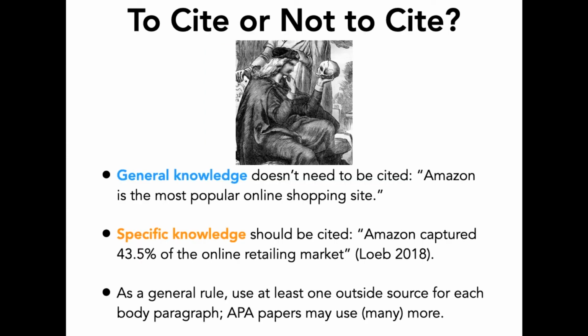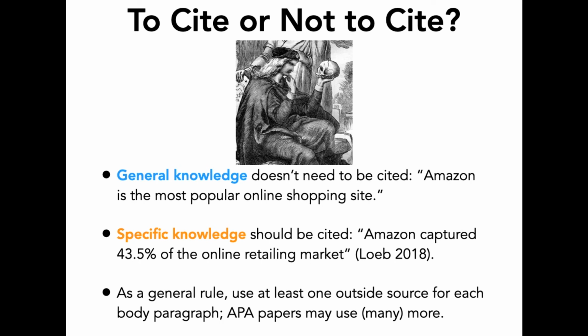Sometimes it can be confusing to know when to cite something or when not to cite something. Of course, whenever you're using a direct quote from a book or a website or an article, you'll want to include a citation, but sometimes it's not so clear-cut. General knowledge doesn't need to be cited.